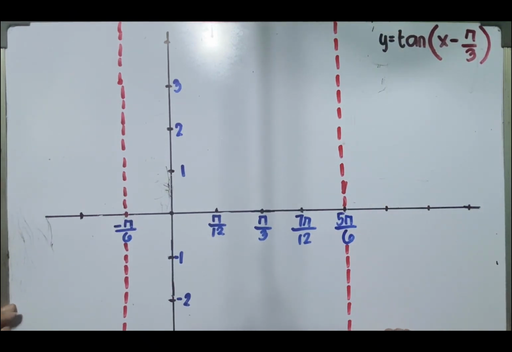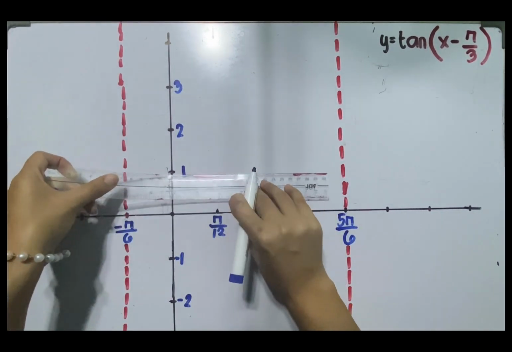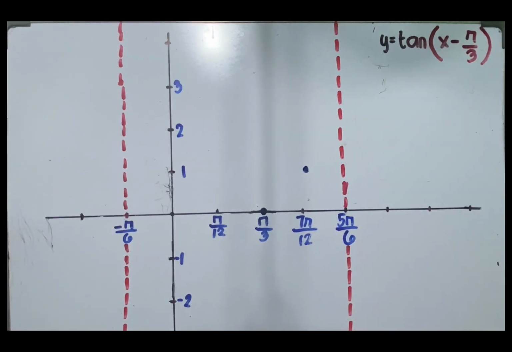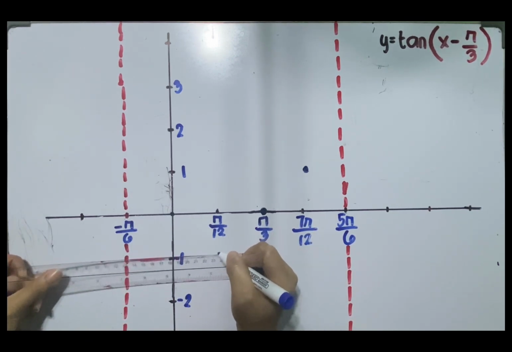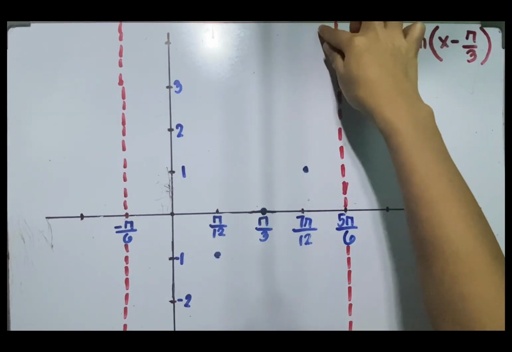Now let's do the plotting. Our pi over 3 is paired with 0, our 7 pi over 12 is paired with positive 1, and lastly, our pi over 12 is paired with negative 1.